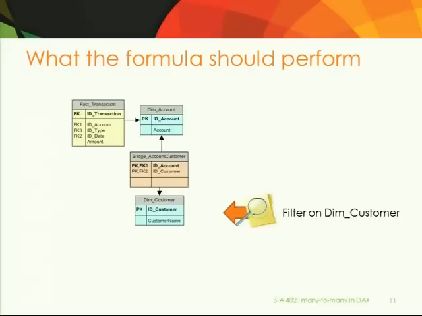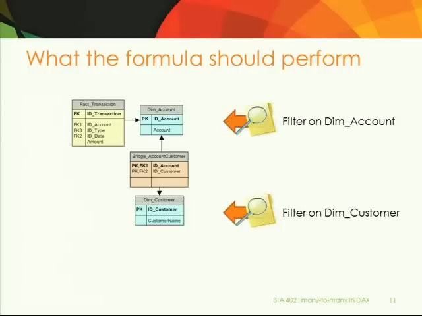What we need to do is to move the filter to dim account, because of course dim customer is not linked to the fact table. If we put a filter on customer, the fact table is still free. It does not sense any kind of filter. On the other hand, if we put a filter on dim account, since there is a direct relationship between the fact table and the dim account, the filter will work and the fact table will get filtered.